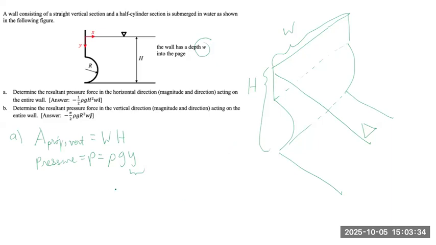And the centroid of a rectangle of width W and height H occurs at a distance of H over 2 and width of W over 2. So this means that the pressure is equal to rho times g times H divided by 2.